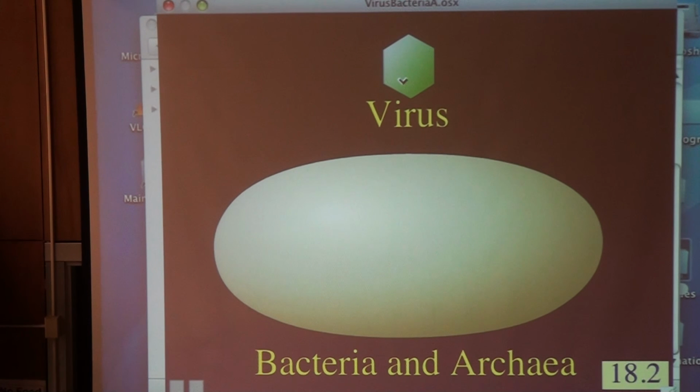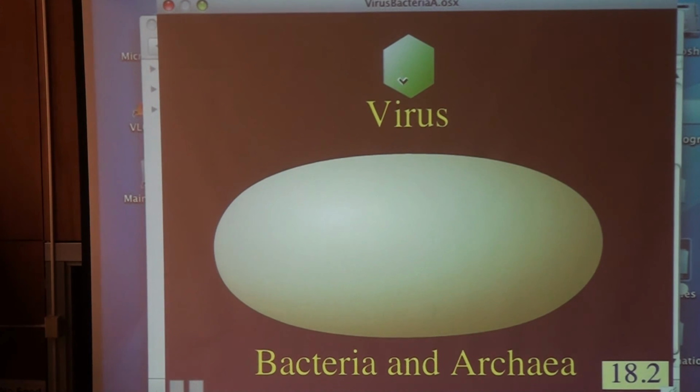Okay, well, let's see. So the prokaryotes are the species that are in the bacteria kingdom and the species that are in the archaea kingdom. And remember, those are unicellular prokaryotic organisms. And the very definition of a prokaryote is that it doesn't have a nucleus.